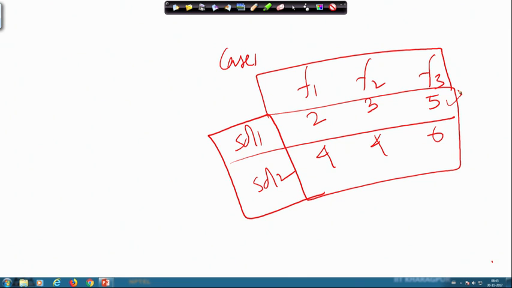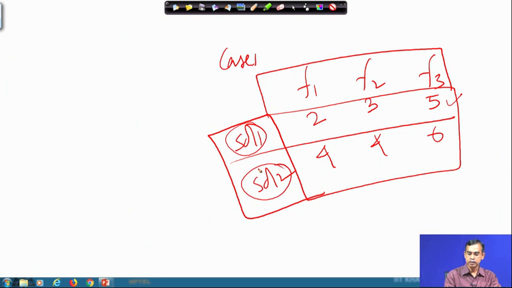Also, with respect to at least one objective it is better: both 4, 4, 6 and 2, 3, 5 show that this solution satisfies this. Then we can say that solution 1 dominates solution 2.